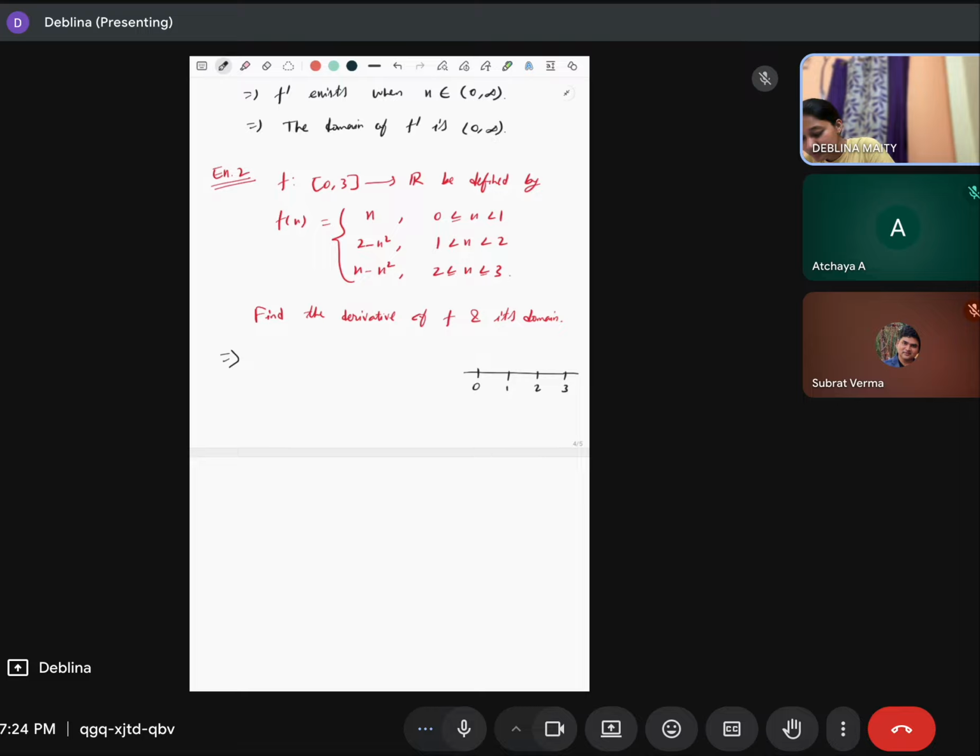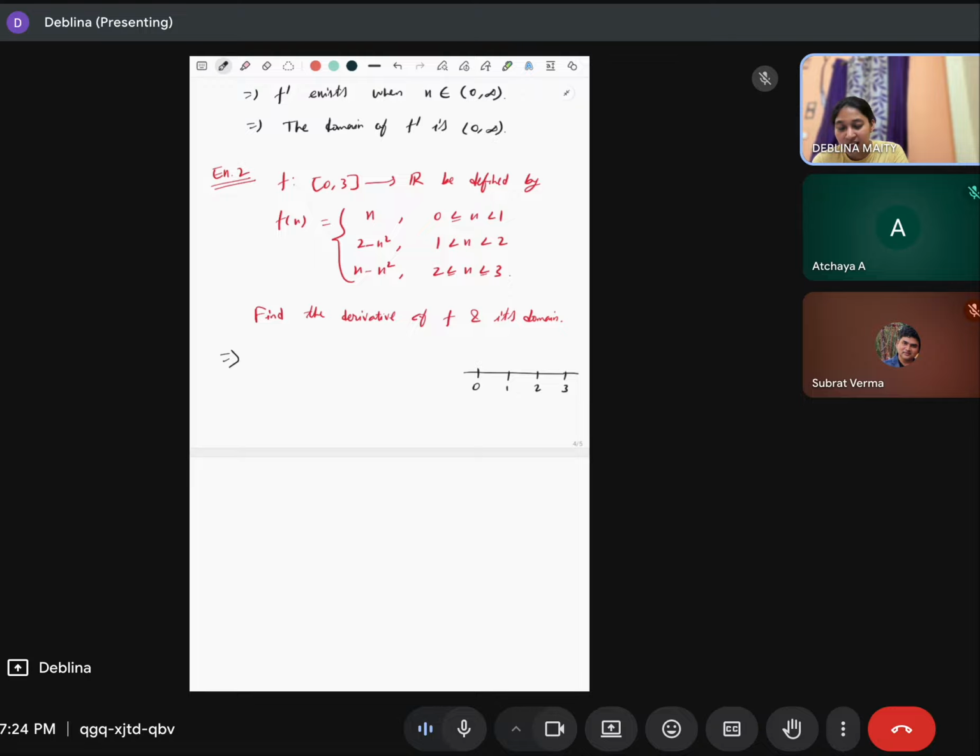So continuity means what? If x goes to c, then f(x) goes to f(c), then we'll say that f is continuous, right? Now at the points 1 and 2, there are two different directions to approach, and for 0 and 3 there is only one direction.